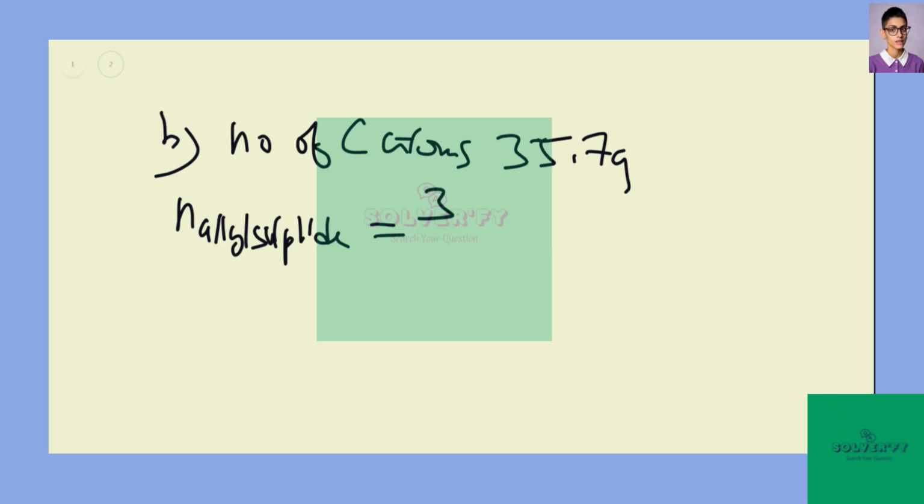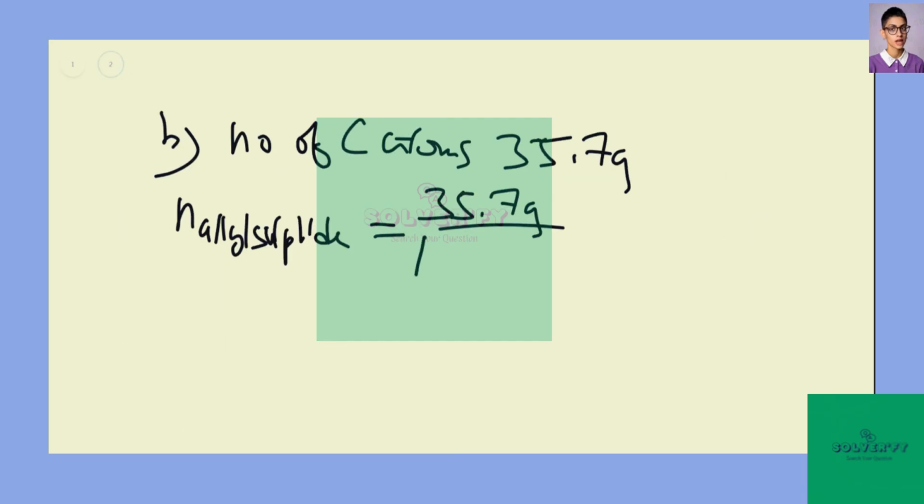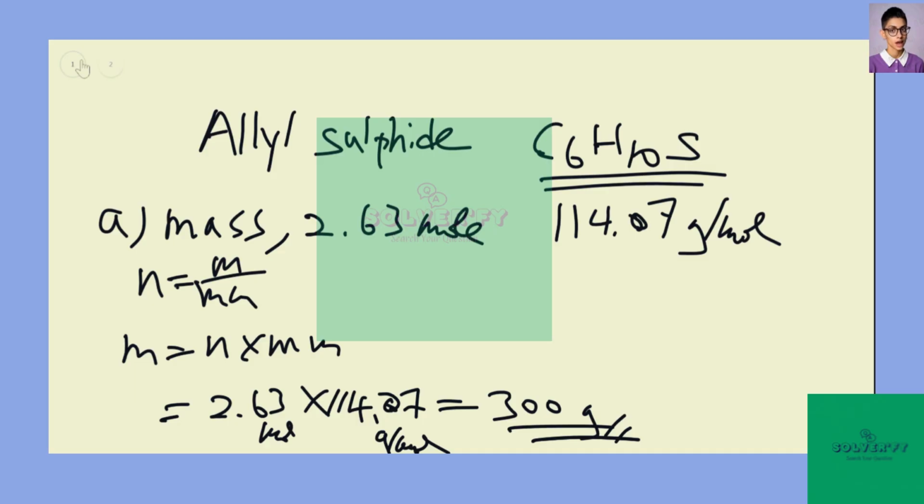So it will be 35.7 grams divided by 114.07 grams per mole. So we know the number of moles: 35.7 divided by 114.07 equals 0.313 moles.